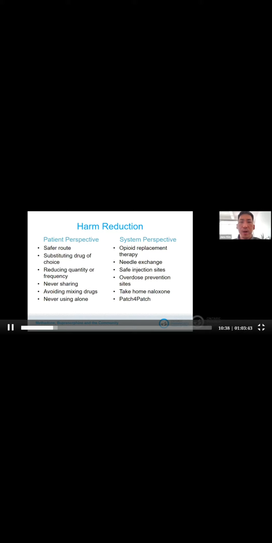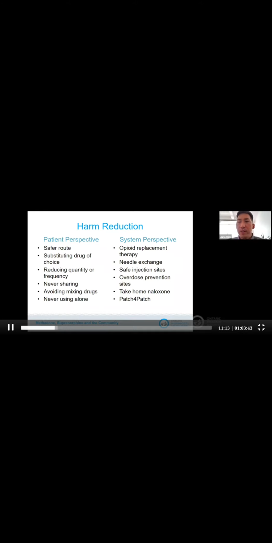When we look at harm reduction from the system perspective, we have options such as opioid replacement therapy. So obviously those are options such as Methadone or Buprenorphine and Buprenorphine Naloxone. We have needle exchanges. So again, if they're using IV, we can offer them clean needles. And also, if these services are available in your community, you can give them information about safe injection sites and overdose prevention sites.